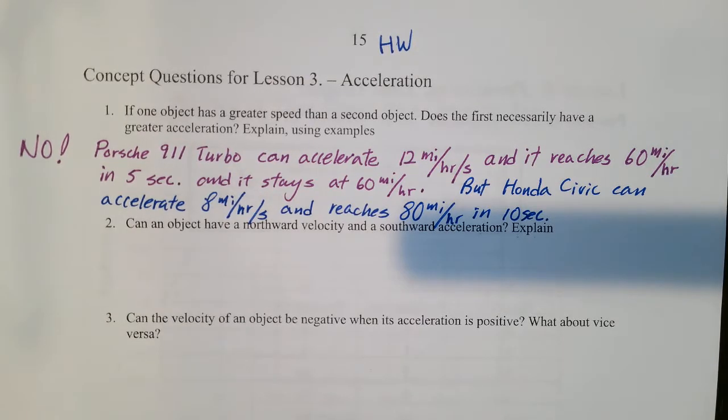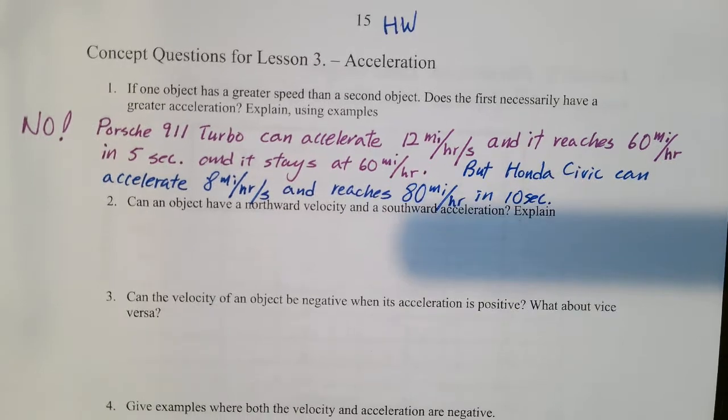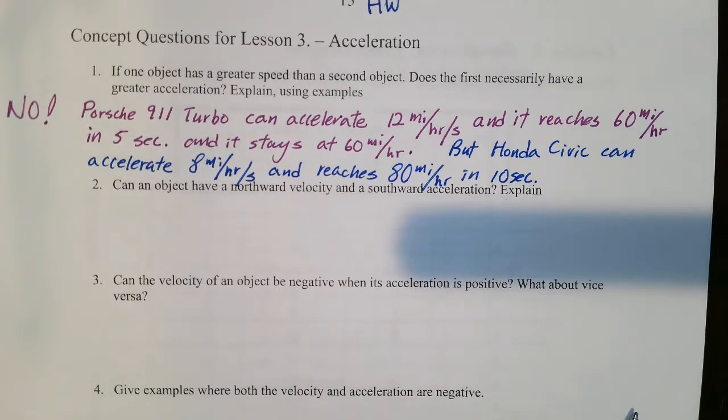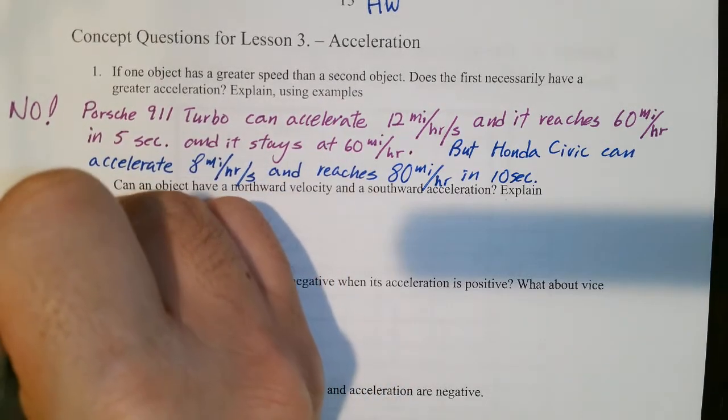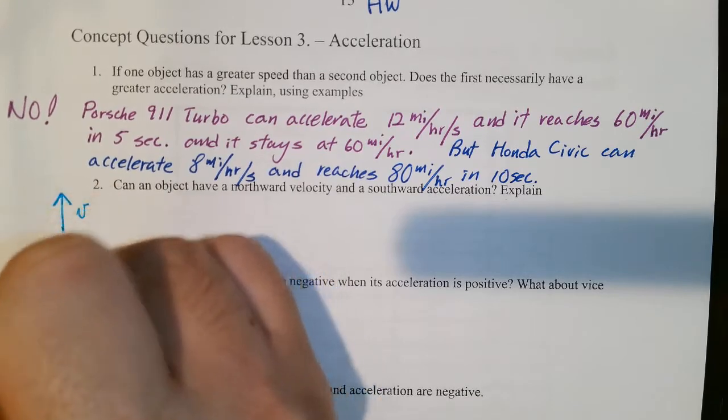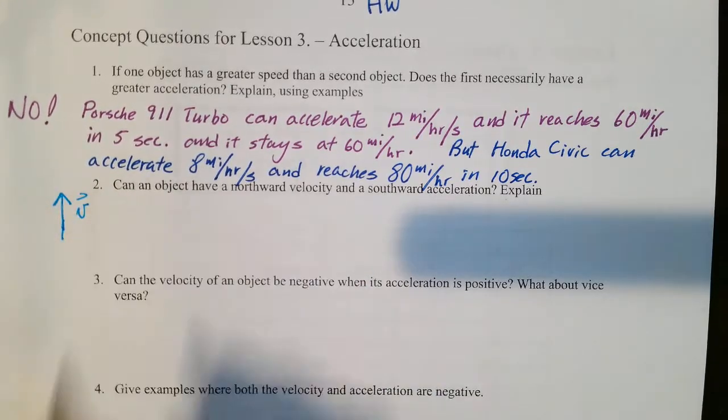So there it is. All right. Number 2. Can an object have a northward velocity and southward acceleration?